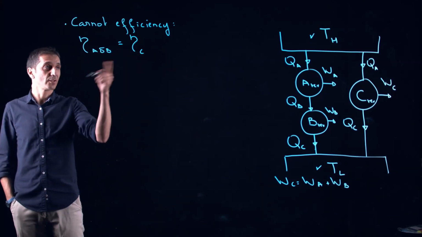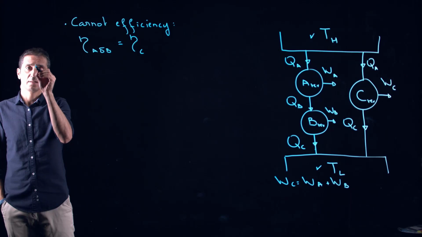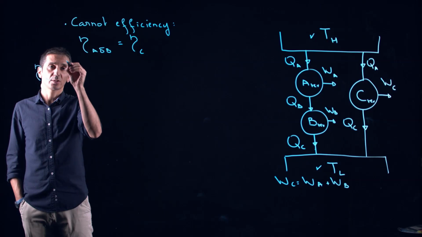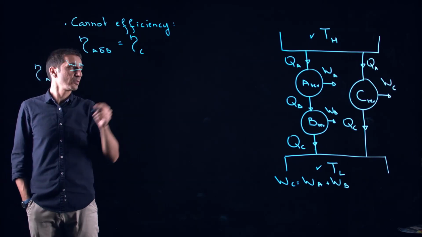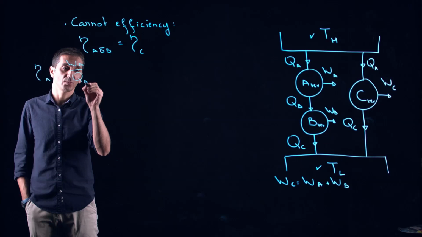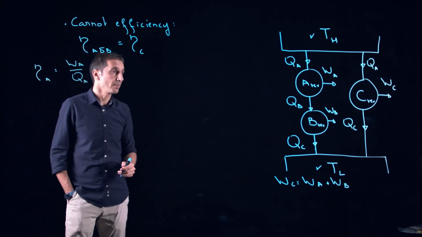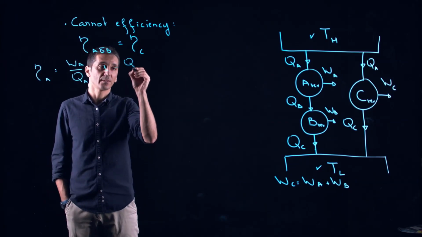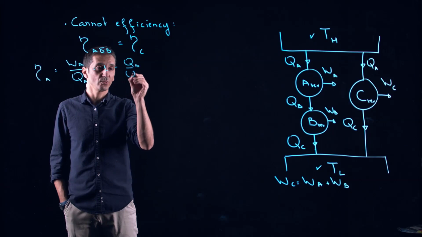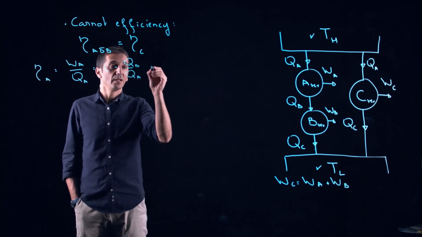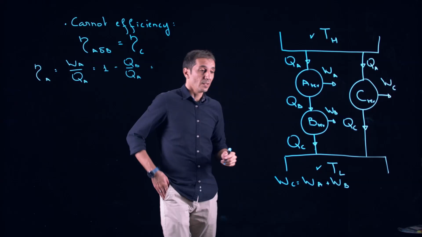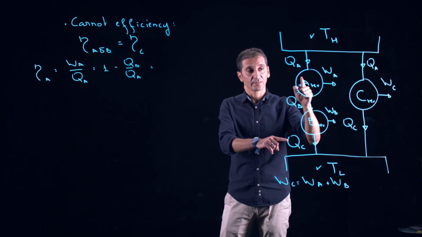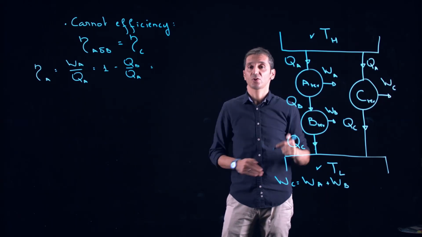Now let's try to write the thermal efficiency of A. The thermal efficiency of A is equal to the work A over the heat we are inputting, which is QA. But it's also equal to 1 minus Q out, which is QB, over QA. And the Carnot principle is telling us that, since they are reversible, the most important thing is the temperature difference.